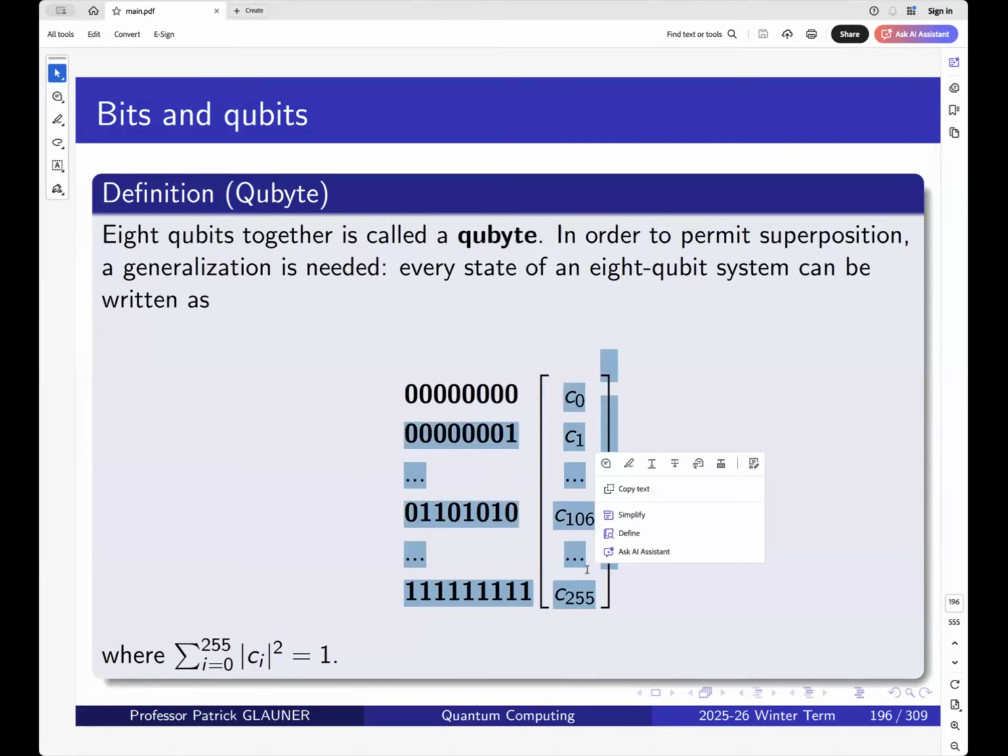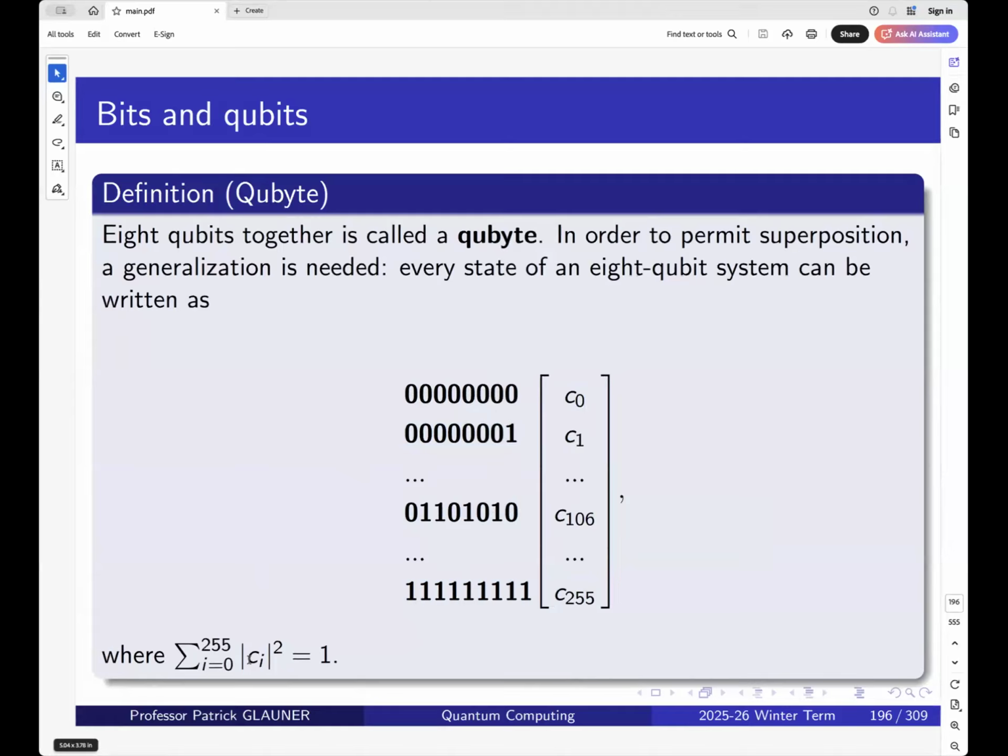But these complex entries, the sum of their modulus squared needs to add up to 1. And if you're confused by this notation here, you will see it in a moment when we start building circuits. Because this is eventually one quantum state, and we will see later how we can build such qubits or how we can combine multiple qubits.